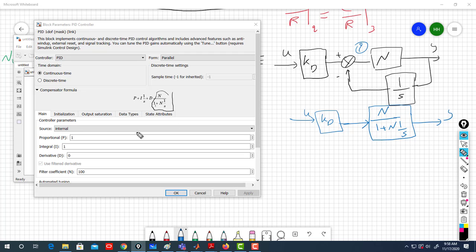You can see the derivative term, so they add a filter. So this N is the cutoff frequency, the filter coefficient if you wish. Are you able to see it in your Simulink block? What is this N over 1 plus N times 1 over s? Okay, good.